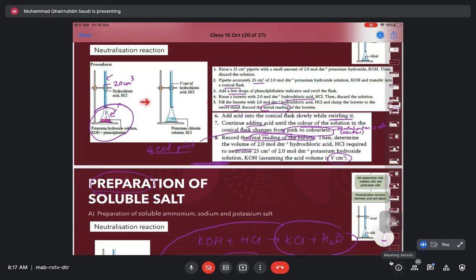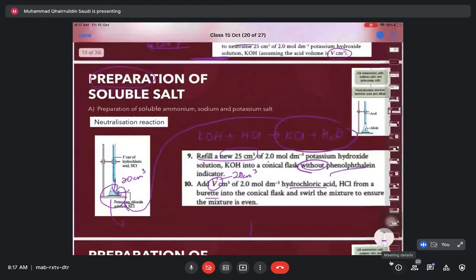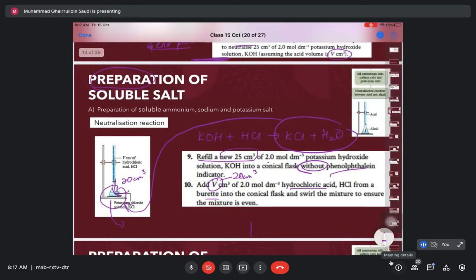Clear tak penggunaan phenolphthalein dalam ni? Clear. So bila kita nak prepare salt, kita tak naklah our salt ni tadi bercampur dengan phenolphthalein. So sebab tu kita buat dulu yang first, ambil dulu volume yang diperlukan, buat balik supaya kita dapat our salt and our water.